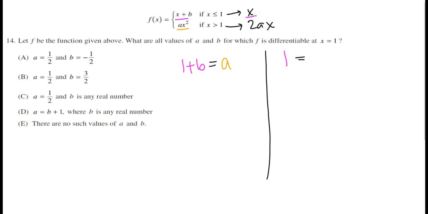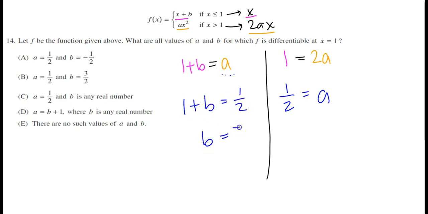When I plug in 1 for x here, I get just 2a. So now that second equation allows me to solve for a. So a is a half. Plug that in here, 1 plus b equals 1 half. So b is negative 1 half.